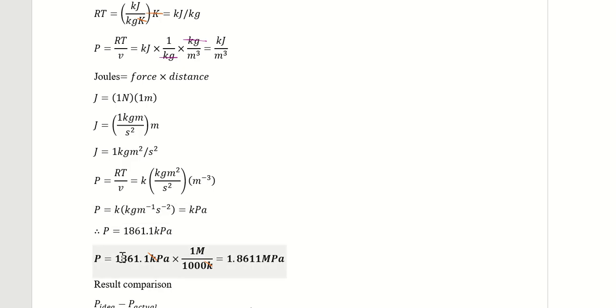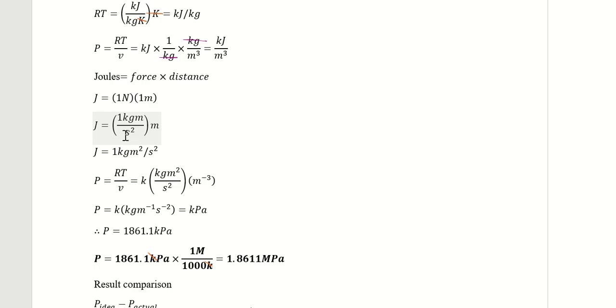How do I know it's a kilopascal? Once you go deep into the derivation, I can do it for you. Pascal is the unit of pressure, and pressure is equal to force over area. We already saw the unit of force is kilogram meter per second squared.